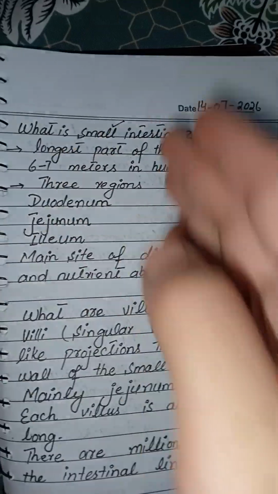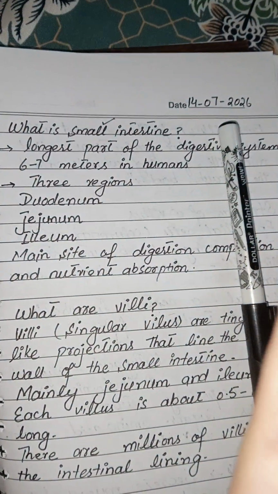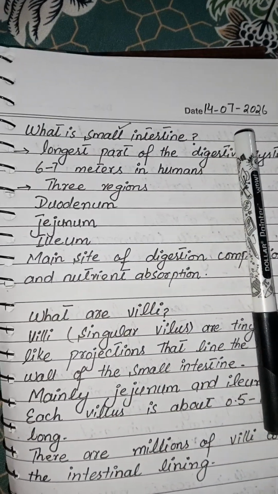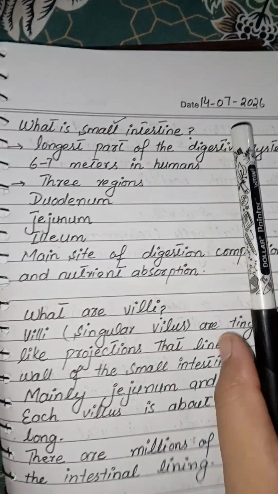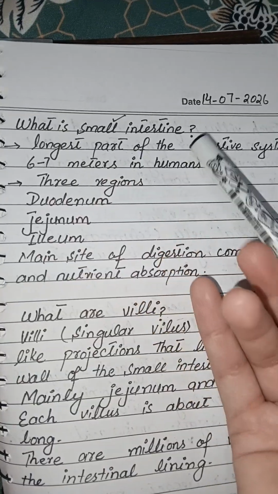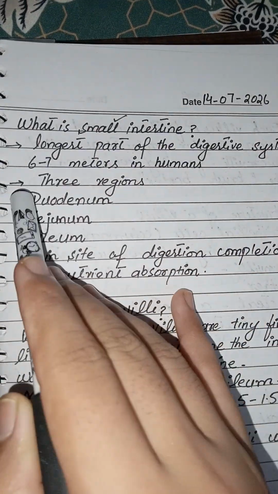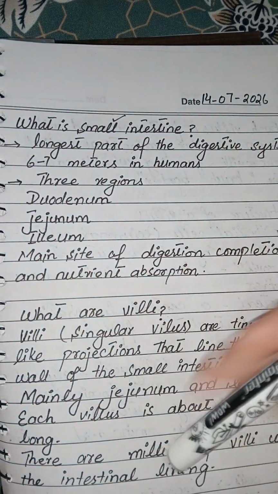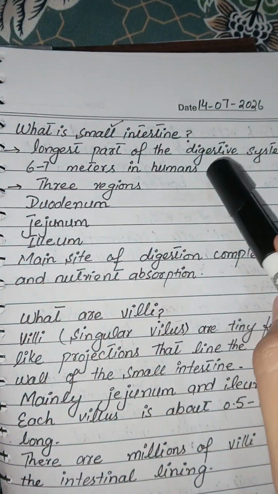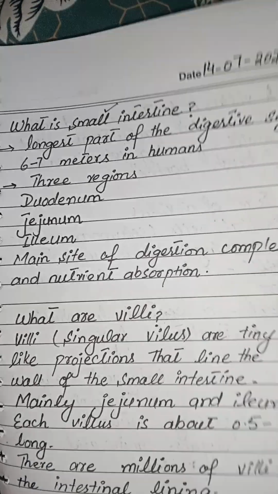In this lecture we are going to resume our lecture. As I discussed in the previous lecture, the small intestine helps in the absorption of essential nutrients from food. It is the longest part of the digestive system, 6 to 7 meters long in humans.